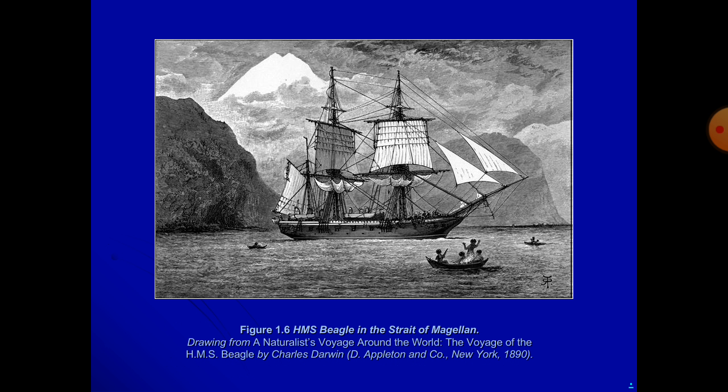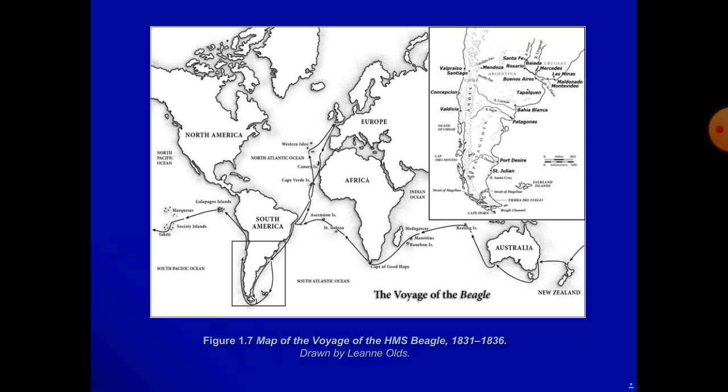And this is the HMS Beagle in the Strait of Magellan. Now, Charles Darwin started his journey in the HMS Beagle from Europe, specifically in England. Then he went straight to South America and continued until he circumnavigated the globe.